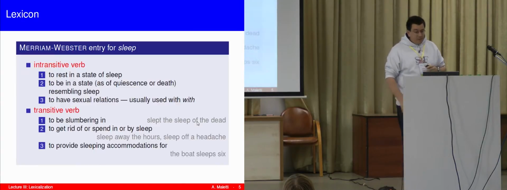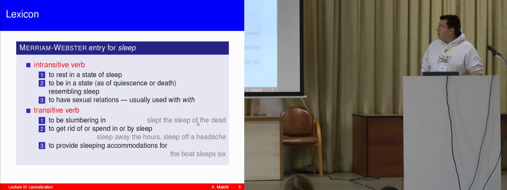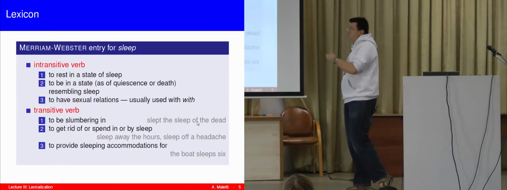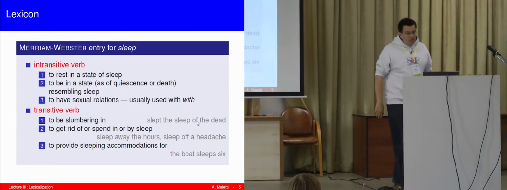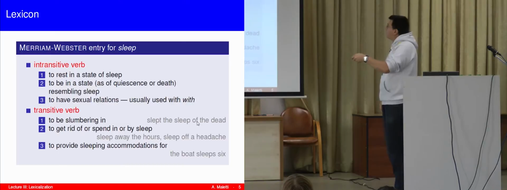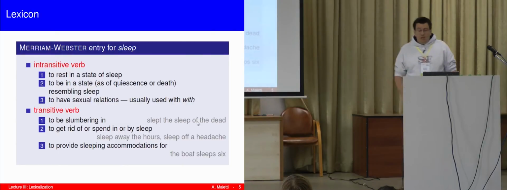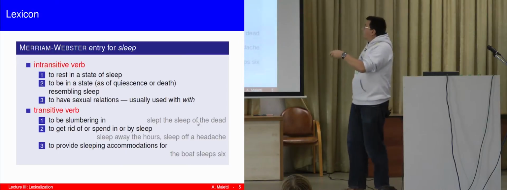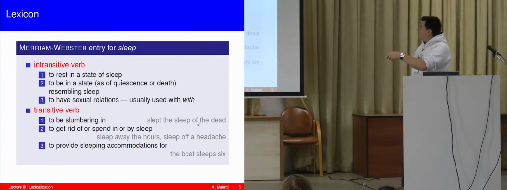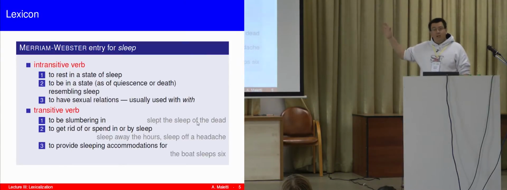Okay, let's start. This is a Merriam-Webster dictionary entry for the word sleep, right? So what can you find there? You can find its part of speech. In this case, it's a bit more specific. Normally part of speech would only be verb, but here you find more information that it can be an intransitive verb, and then here are the meanings if it is an intransitive verb, and that's the typical meaning, right?